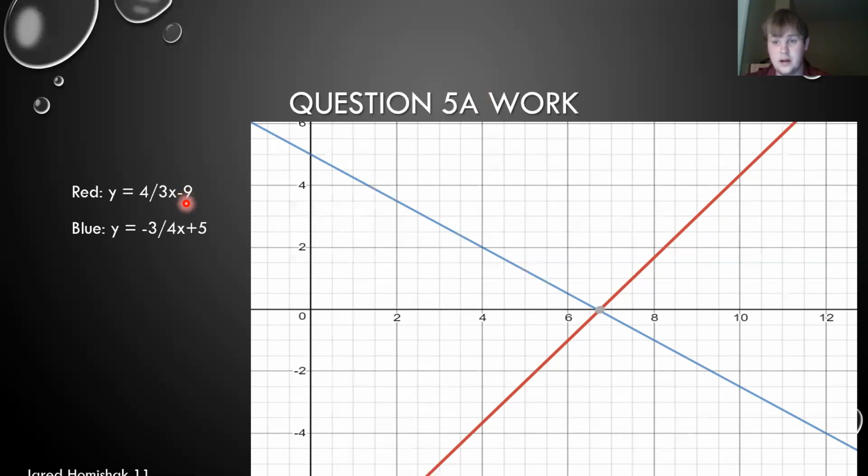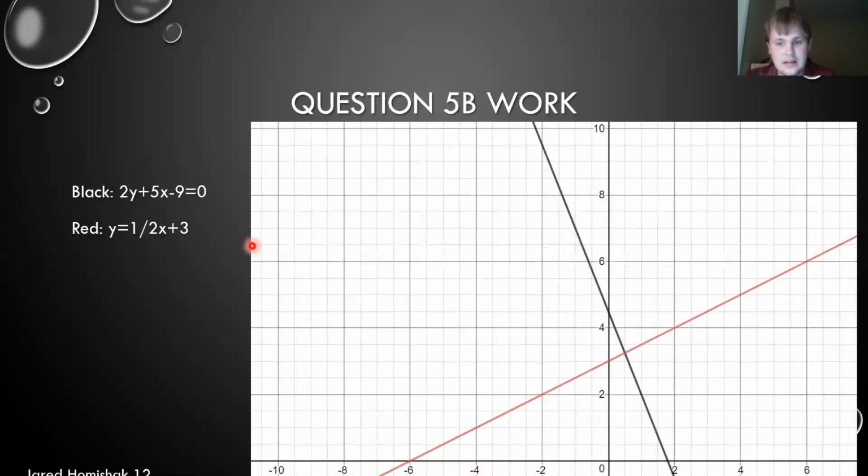If you want me to go through and show you the point slope formula, I would be glad to take some time on that, but I gotta get moving. All right, likewise again, it's the same process here, except first you want to convert 2y plus 5x minus 9 into slope-intercept form.